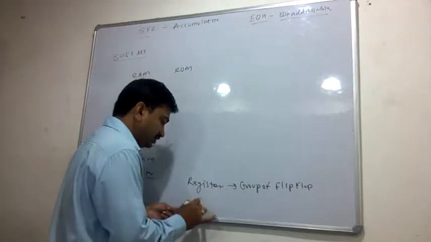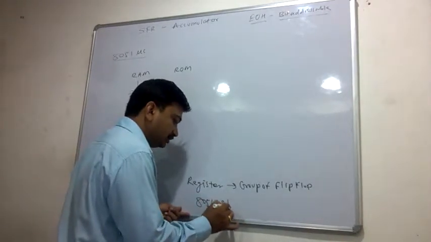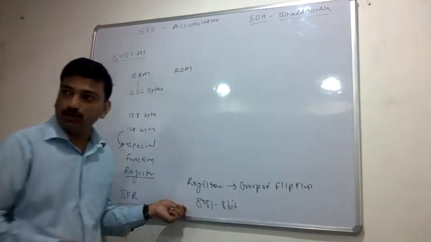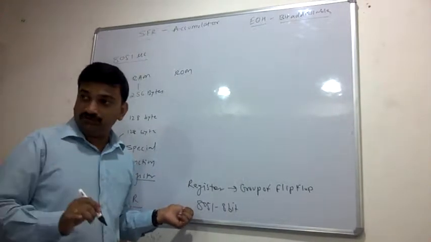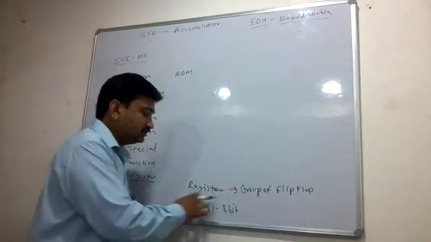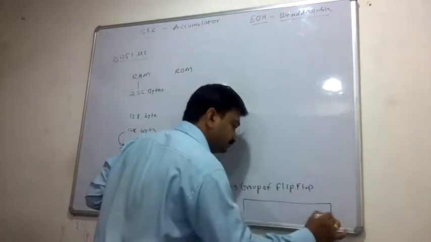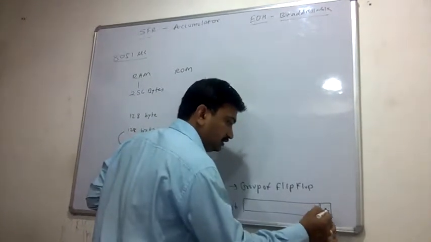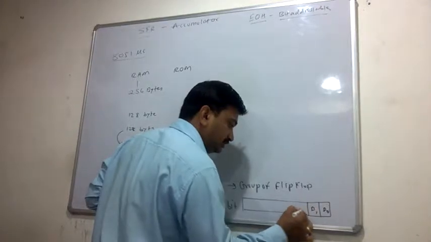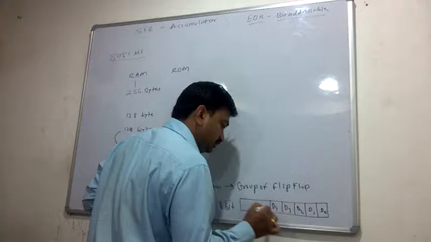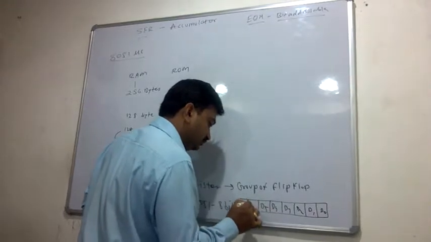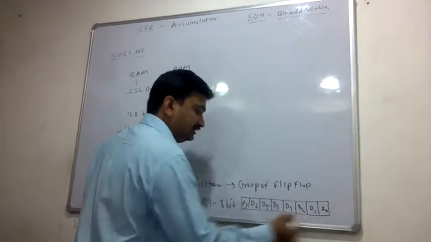The 8051 microcontroller is an 8-bit microcontroller. So the RAM of 8051 consists of registers which are all of 8 bits, meaning D0, D1, D2, D3, D4, D5, D6 and D7.